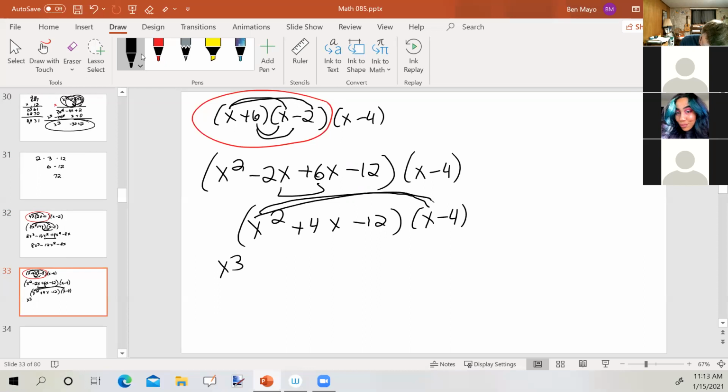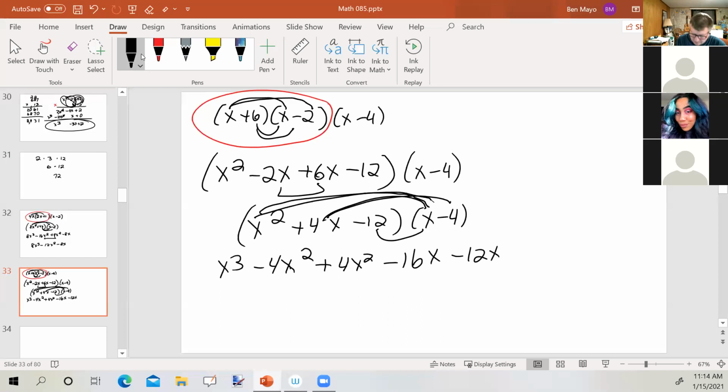X squared times minus 4 is minus 4x squared. 4x times x is plus 4x squared. 4x times minus 4 is minus 16x. And then minus 12 times x, minus 12x. And minus 12 times minus 4 is positive 48, plus 48.